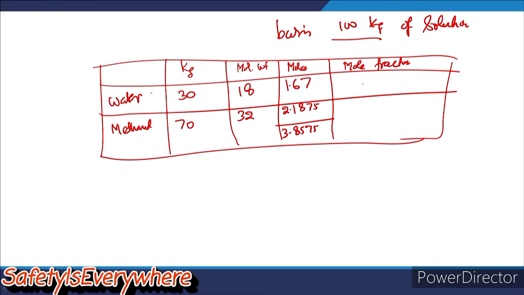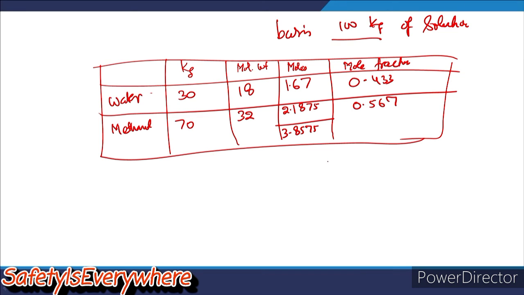Based on this information, we can calculate the mole fraction. The mole fraction of water comes out to be 0.433, and methanol has 0.567.